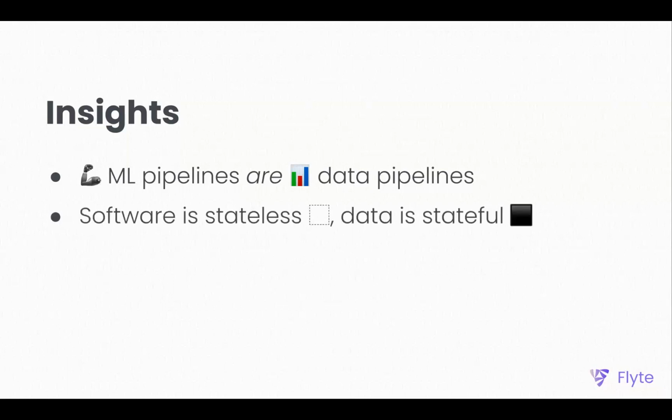The second one is something that took me a while to really understand, but roughly speaking, we can argue the nuances of this, but roughly speaking, software is stateless and data is stateful. What I mean by this is, say you have an app and a bunch of JavaScript code that does, within the boundaries of your problem domain, a particular thing. Maybe it's a calendar app or whatever. The software itself is just a bunch of symbols in a script that you wrote, right?